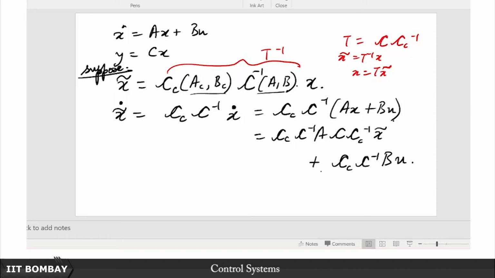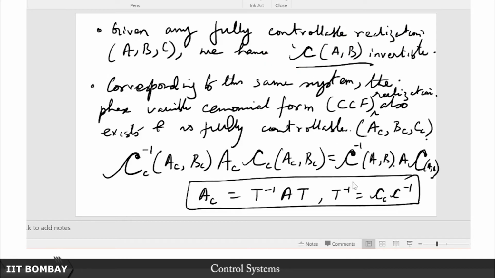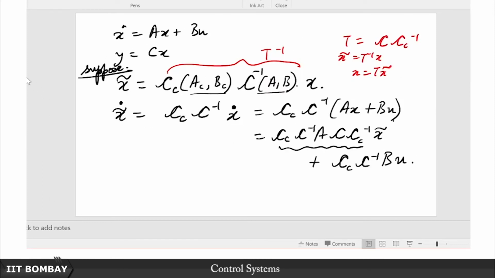So I can always go from this to this new description here. And now note that by my description here, this is nothing but AC. So now I have this sort of a transformation.